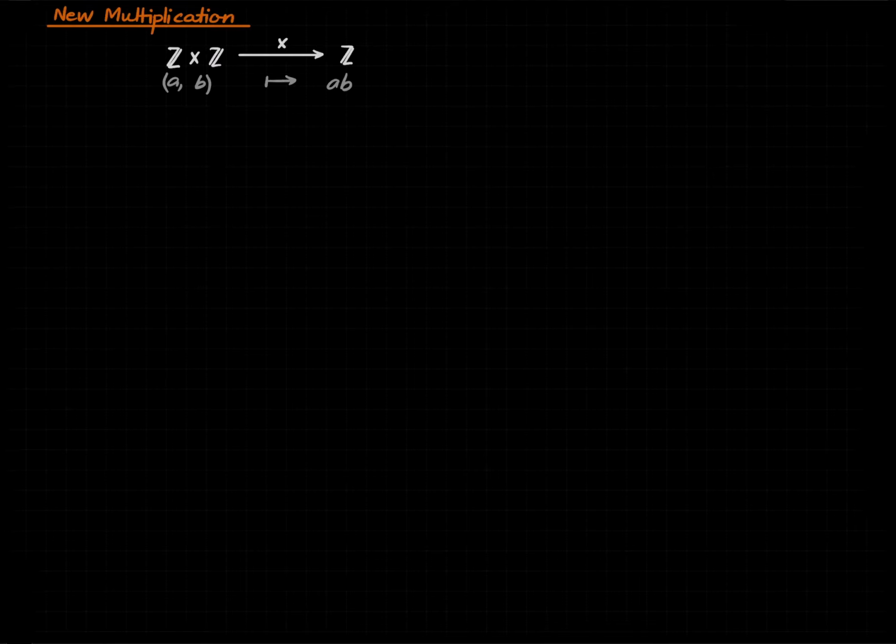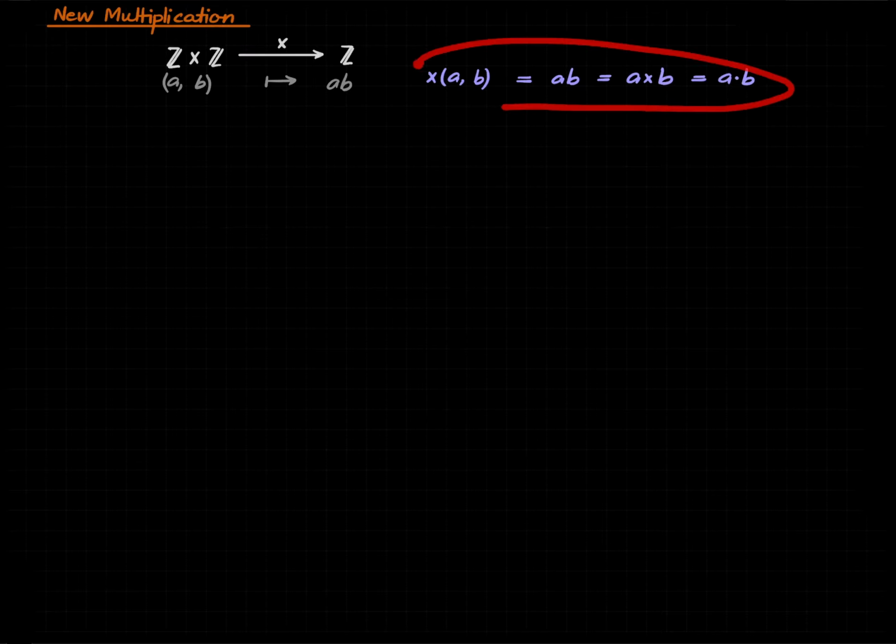So just a change of notation. Cross of a comma b is what we usually write as ab or a times b or a dot b. Just notational differences. And this enjoys a lot of properties, like commutativity, etc.